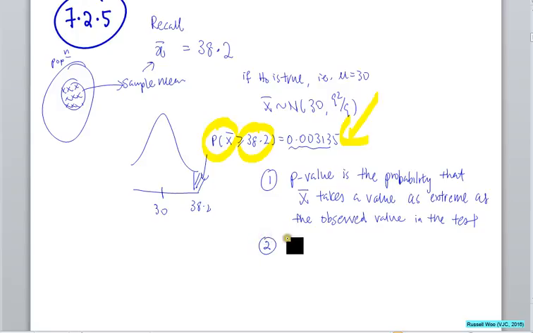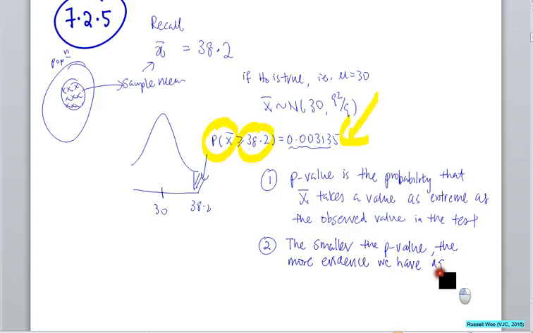Second point. The smaller the p-value, the more evidence we have against H naught.